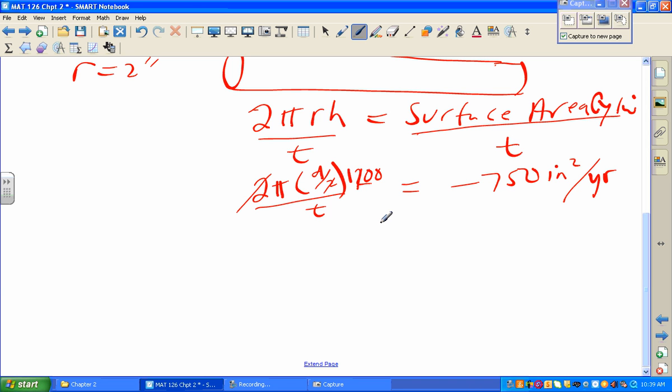I'm thinking I need another 2 somewhere, or another T somewhere. So I got 1,200 pi D equals negative 750 T inches squared per year. If I multiply the T over, this one doesn't look quite right.